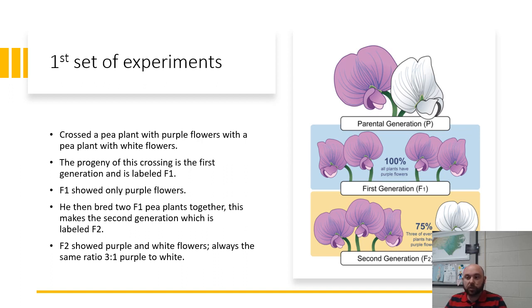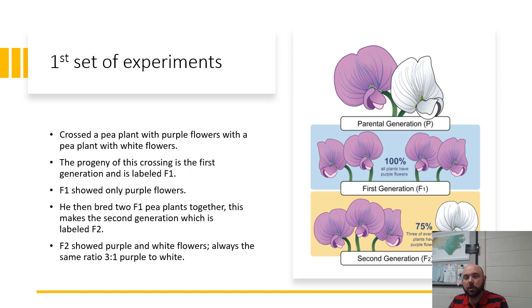Then he took those purple flowers resulting from the cross and interbred them. He took the pollen from one of those first generation plants and put it on the flower of another of that same generation, and observed the characteristics of the second generation. What he found was that the white flower reappeared in that second generation.